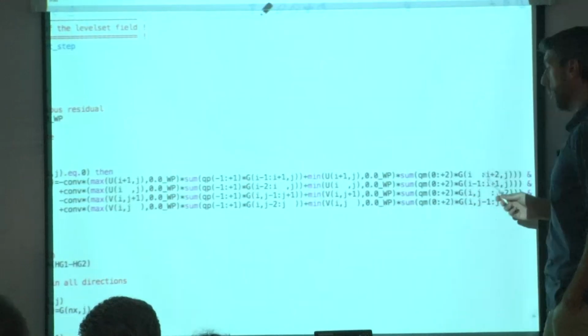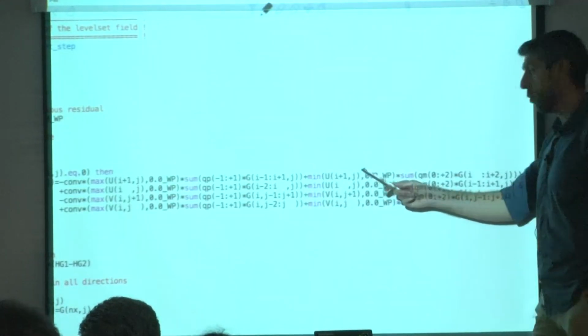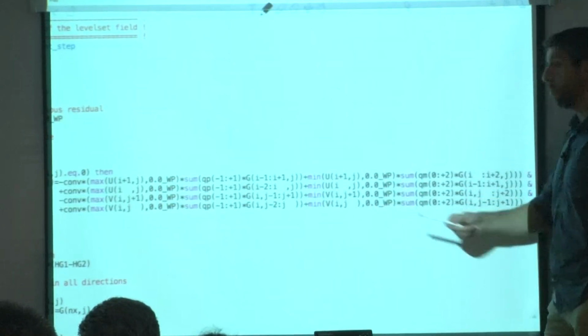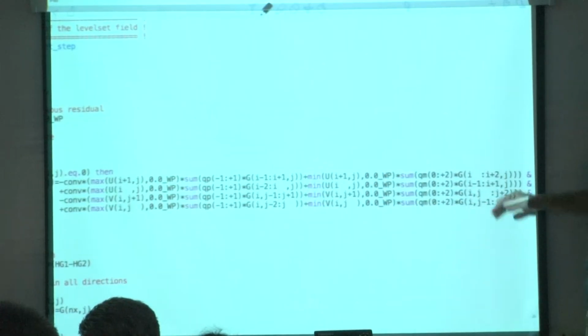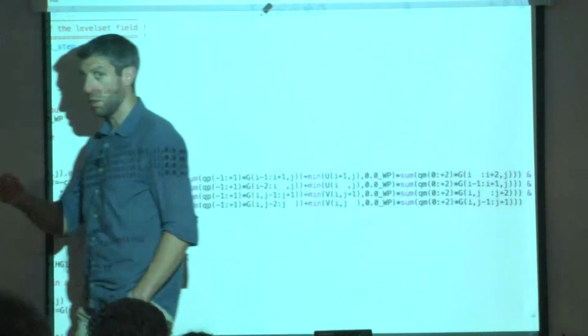And then the downwinded part, I multiply by the minimum between the velocity and 0, because it will be equal to my velocity if the velocity is negative, or it will be 0 otherwise. So that gives me my on-the-fly treatment of my upwinding switch.